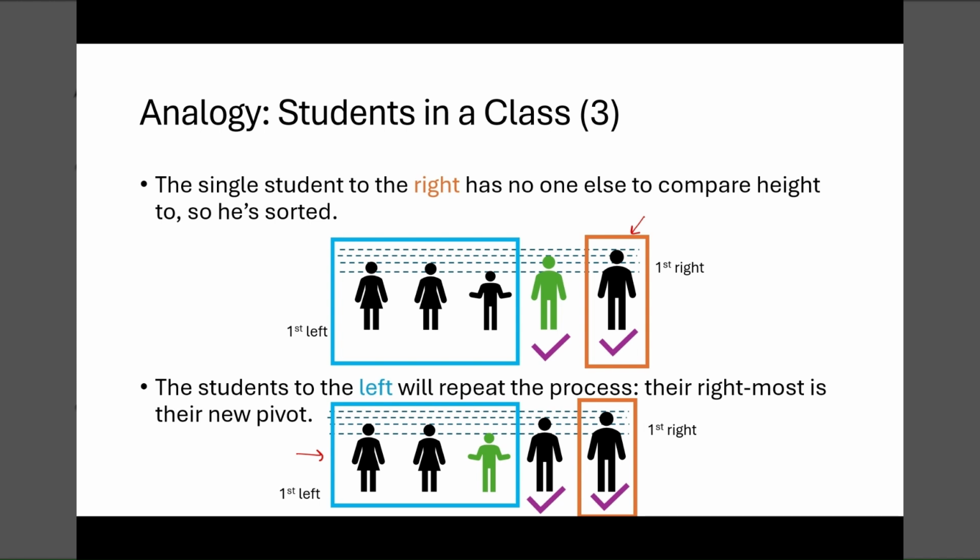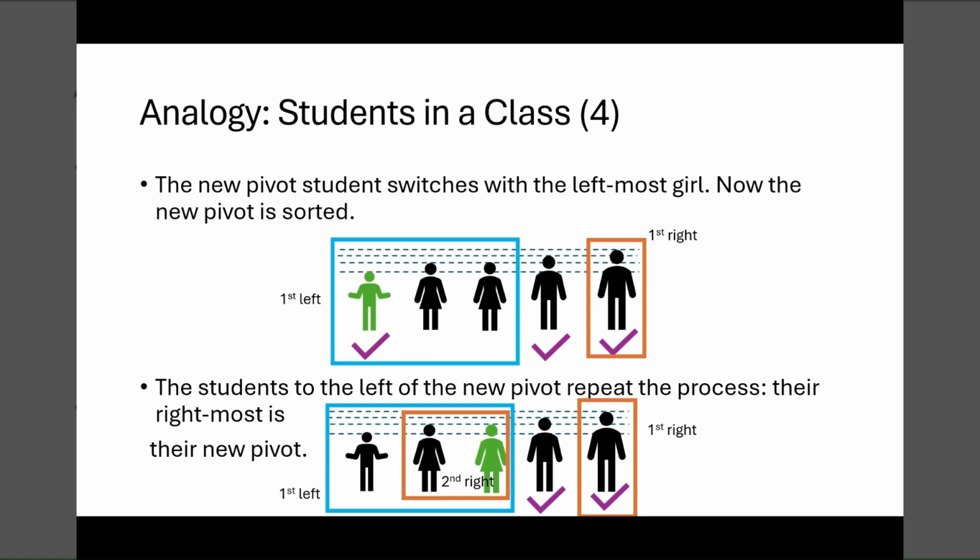We will pick the rightmost person, now the one in green, and this becomes our new pivot for this part of the class. Now the people taller than him will go to his right, the people shorter than him will go to his left. We notice that all of the people happen to be taller than him, so all of them go to his right.